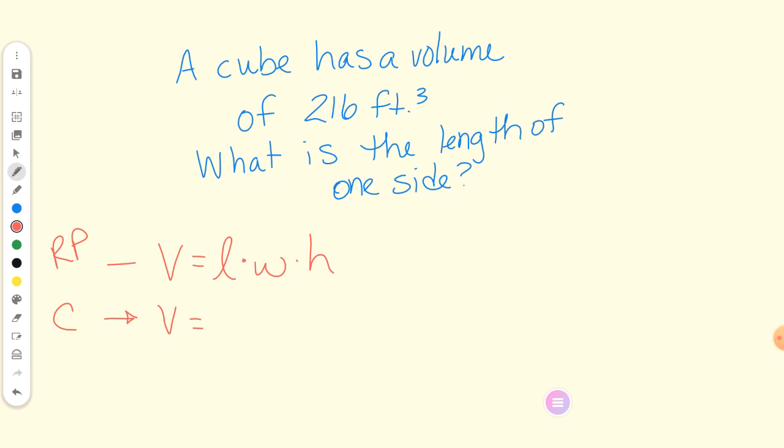S times S times H. S times S times S, because the length, width, and height of a cube are all the same because they're made up of squares that are all the same size. Okay?